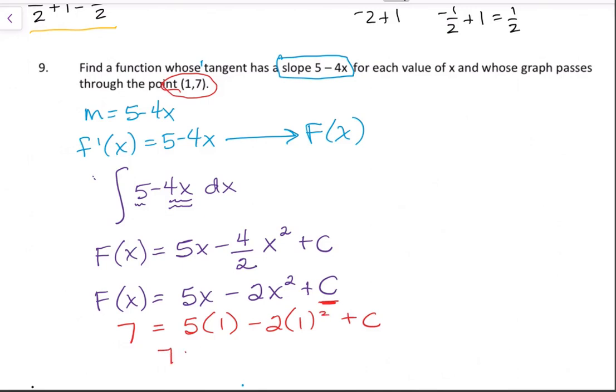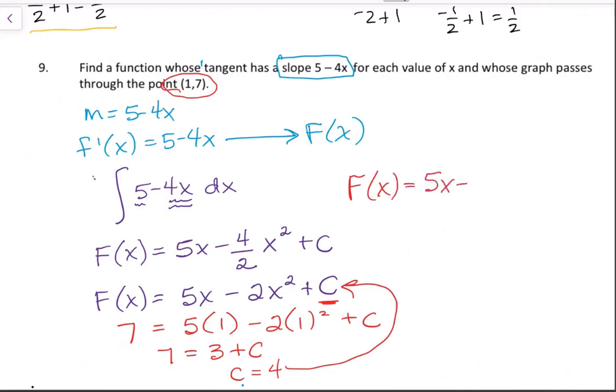So if I do that arithmetic over here, 5 minus 2 is 3, which gives me c equal to 4. So if I put that 4 back into my generic family of antiderivatives, I get a specific function of 5x minus 2x squared plus 4.